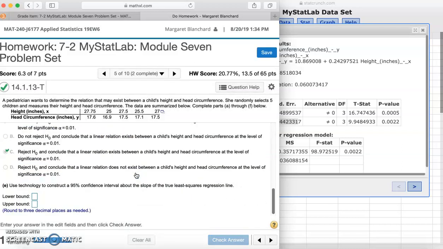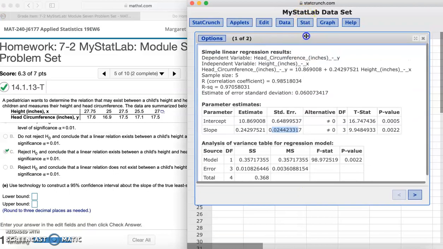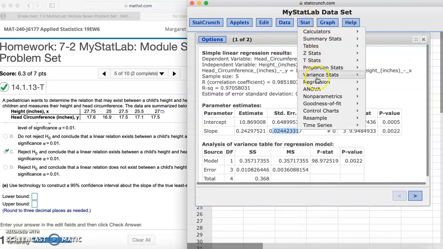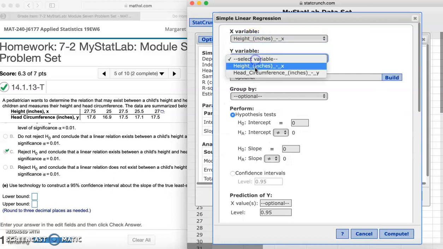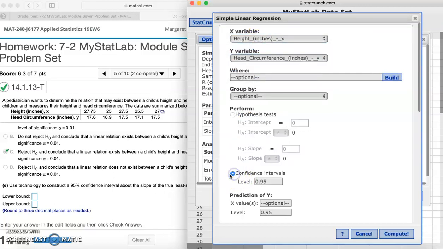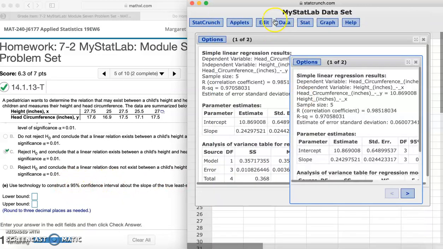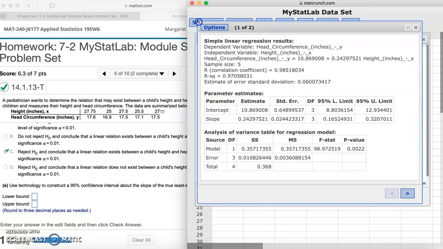Fantastic. Part E, use technology to construct a 95% confidence interval about the slope of the true least squares regression line. So we're going to go back to StatCrunch. We go to Stat, Regression, Simple Linear, select our X and Y again. And we're going to click confidence level here. It says 95%. It's already at 95, so let's just click compute. As you see, the results are very similar.